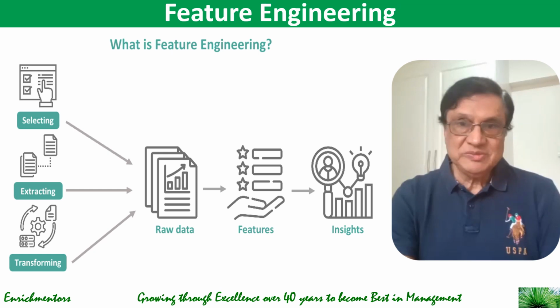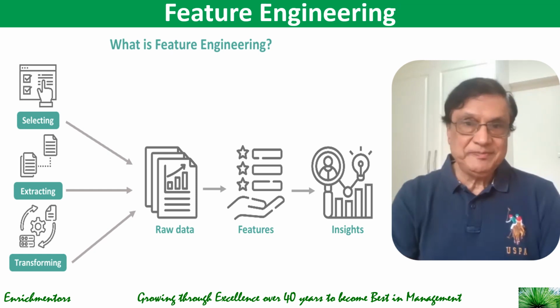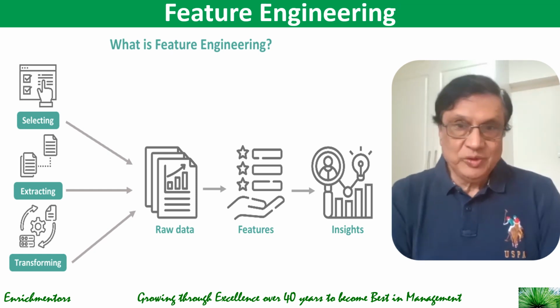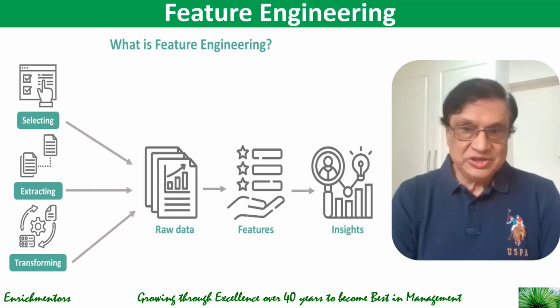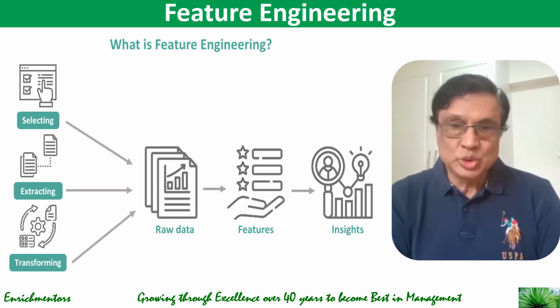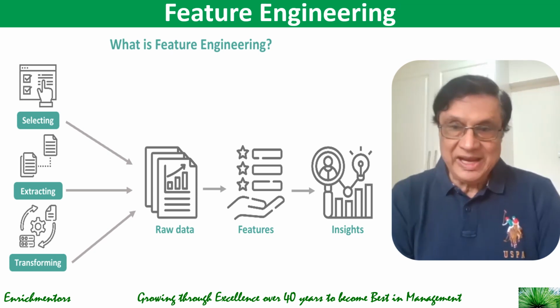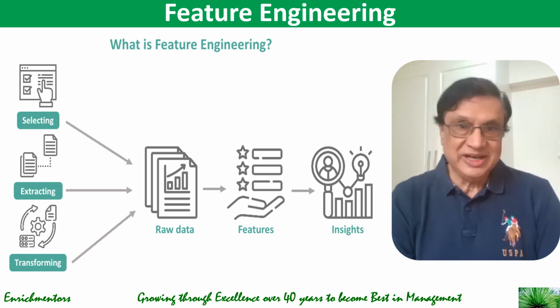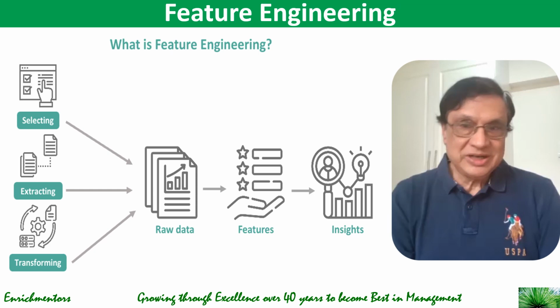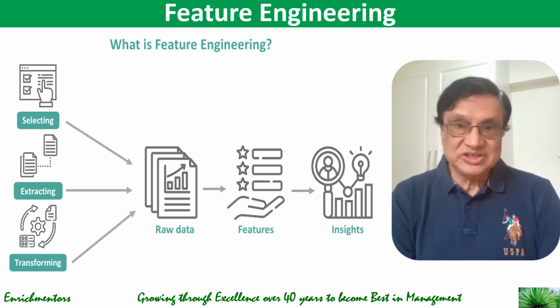The third responsibility is what is called feature engineering. Feature engineering is selecting those variables that can reasonably well explain the raw data and help you draw the insights. In that context, the data scientist identifies relevant features and variables for model training and optimization.